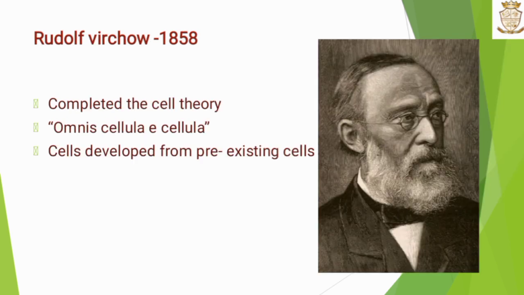The last one is Rudolf Virchow in 1858. He completed the cell theory by expounding his famous conclusion that omnis cellula e cellula, or cells develop from pre-existing cells. All these contributions had a great role in the formation of the cell theory.